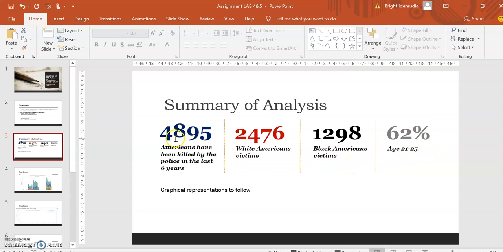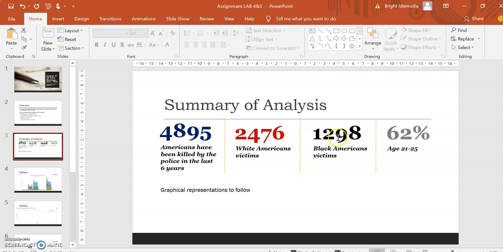About 4,895 people have been killed due to the police shooting, and this cut across different races and different ages as well. About 2,476 white people have died through gunshot by the police in this period under review.